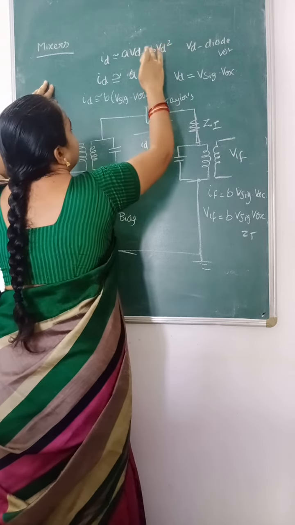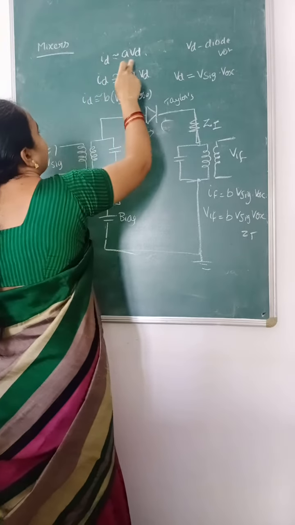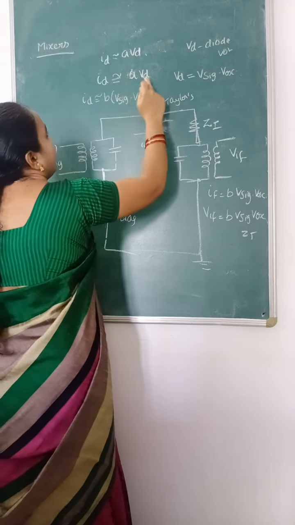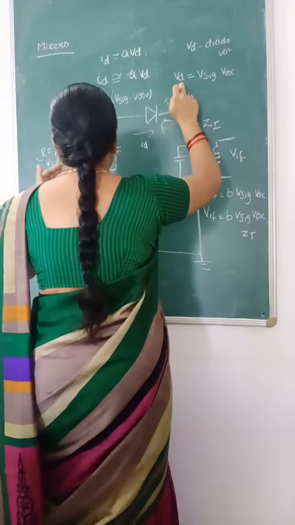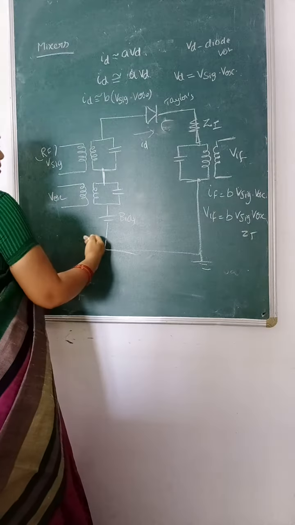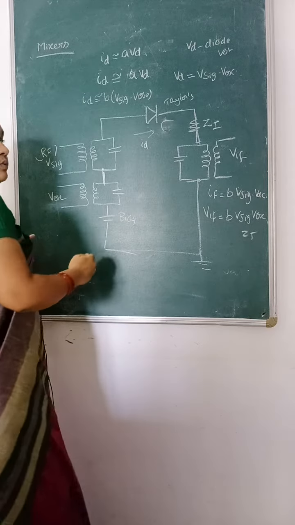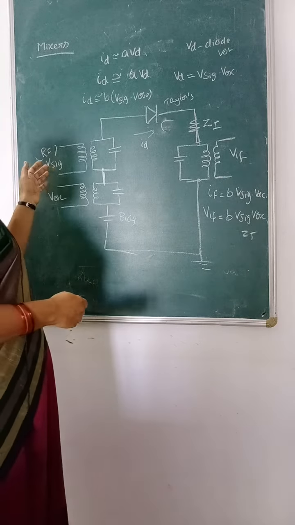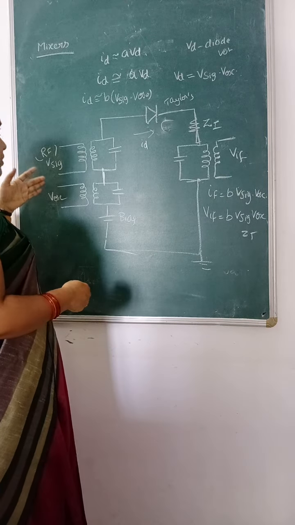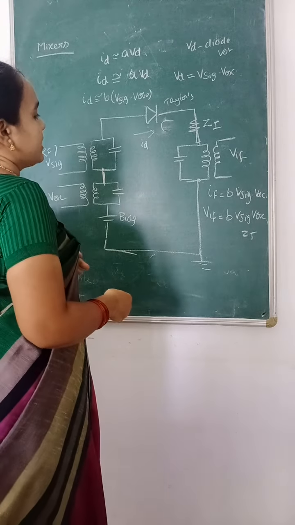Let the higher terms be neglected, that is this diode current is simply proportional to VD square, and VD is the sum of the three voltages. Here the bias voltage is very small, so the product is the signal voltage multiplied by the oscillatory voltage.